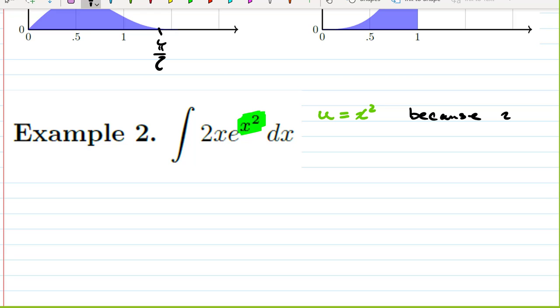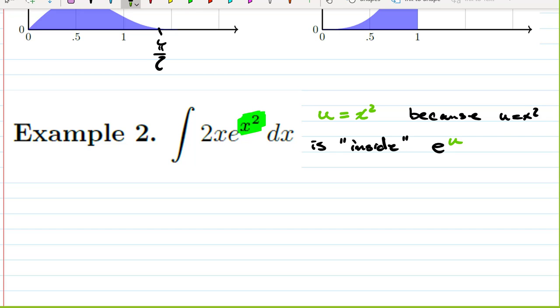Because u equals x squared is inside e to the u. So if I have e to the u, but u is equal to x squared, that would give me e to the x squared.